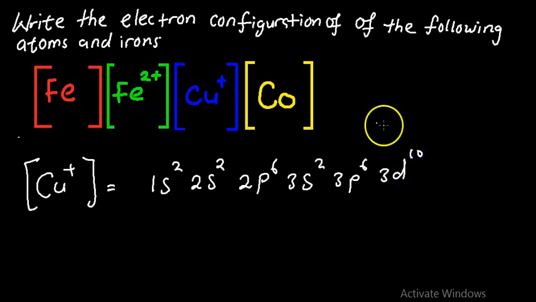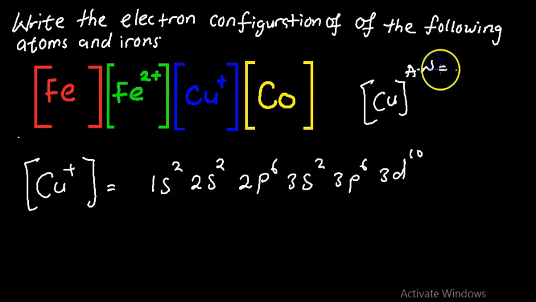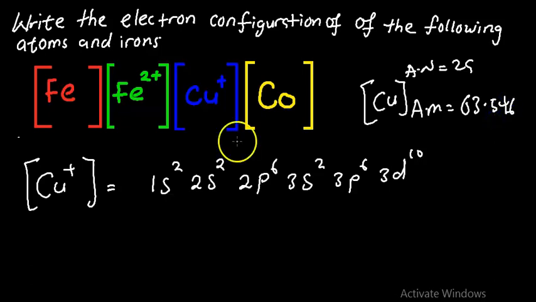And remember we said the copper, Cu, right? The atomic number which you have initially is 29. What about the atomic mass? The atomic mass of copper, remember we said, is 63.546.